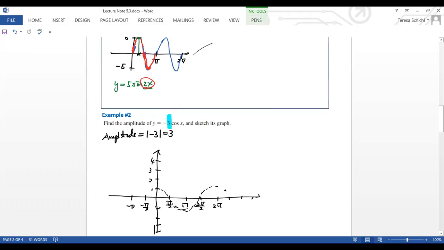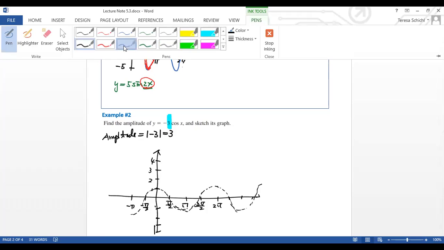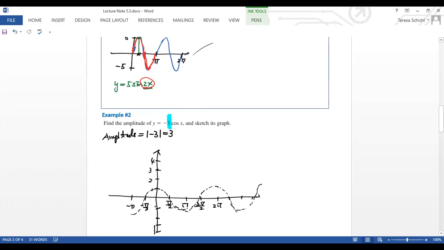So this is my parent function, and if you continue, you can extend the pattern. Now multiply by 3. Be careful. 1 times 3 goes to 3.